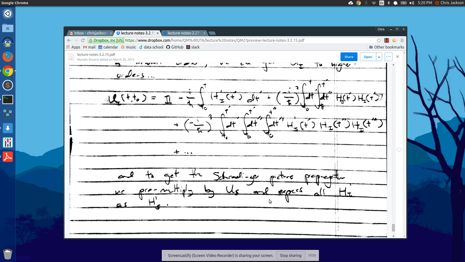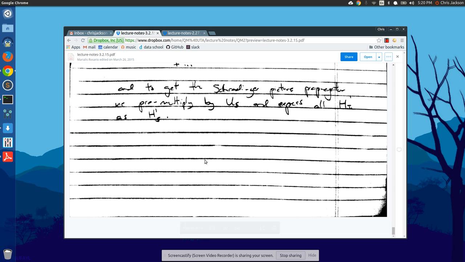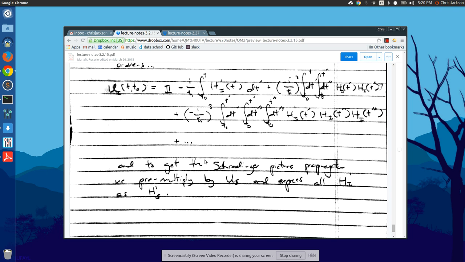This is where you have a Hamiltonian that depends on time, but the Hamiltonian at different times doesn't necessarily commute with itself. What you end up with is this series, which is called the Dyson series. I don't know if that rings a bell, but I introduced it last semester and said that we would talk about it this semester. And so here it is.